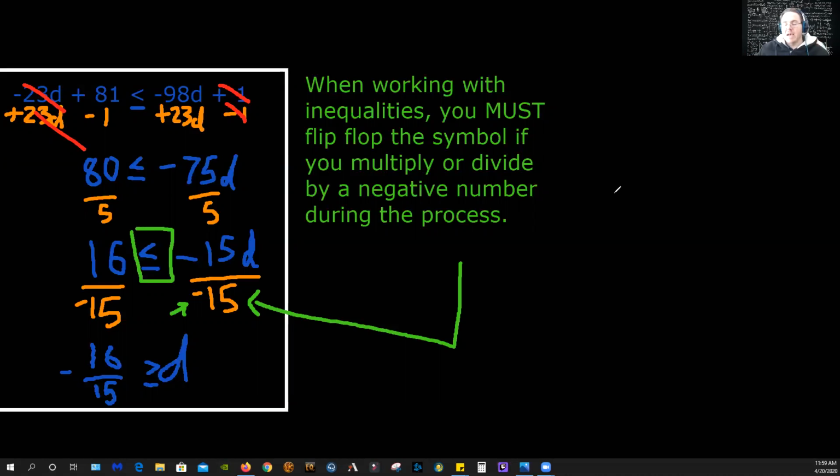You solve them the exact same way you do equations. If you add an opposite, you'll get a 0. If you divide by the same value, you get 1. And you can use these skills to navigate. But if you ever multiply or divide by a negative value, your symbol has to flip. That's the only extra rule. So imprint that and you'll be all right.